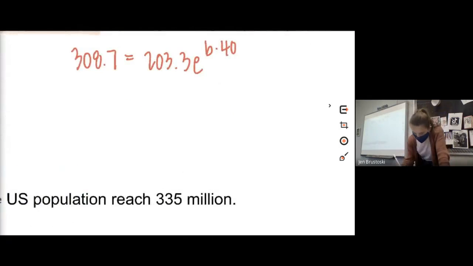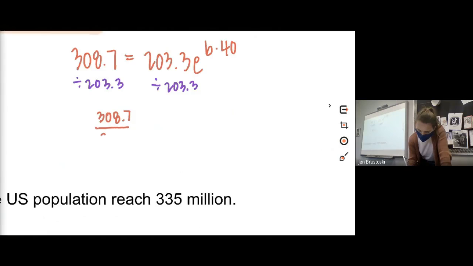In order to do so, I need to divide both sides by 203.3. I'm just going to leave it as 308.7 over 203.3 because I'm going to get some nasty numbers. I'm going to write this as e to the 40b.